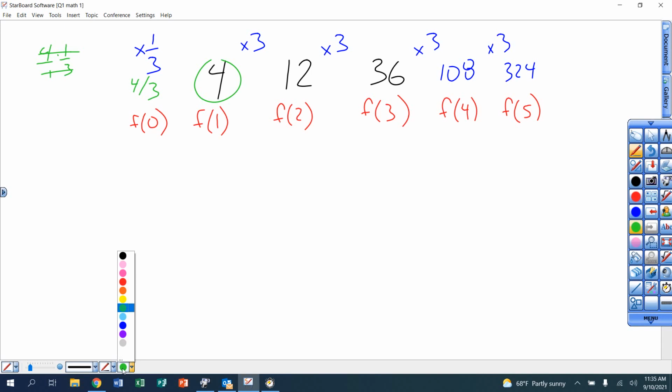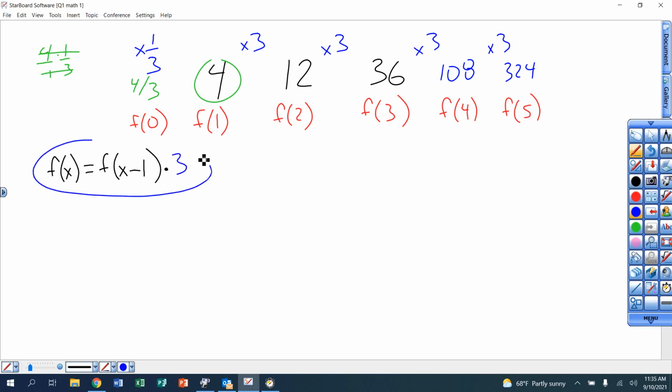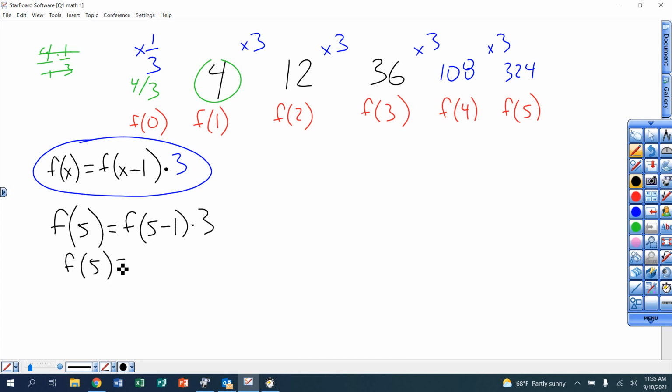I want you to be able to write and use recursive. Here's the recursive function in its generic form, just timesing by 3. Here's me putting it into use. So I'm going to take that f of, let's say, the 5th one here. F of 5 minus 1 times 3. I'm going to find the 5th term by finding the value of the one before it, the value of the 4th, times that by 3.